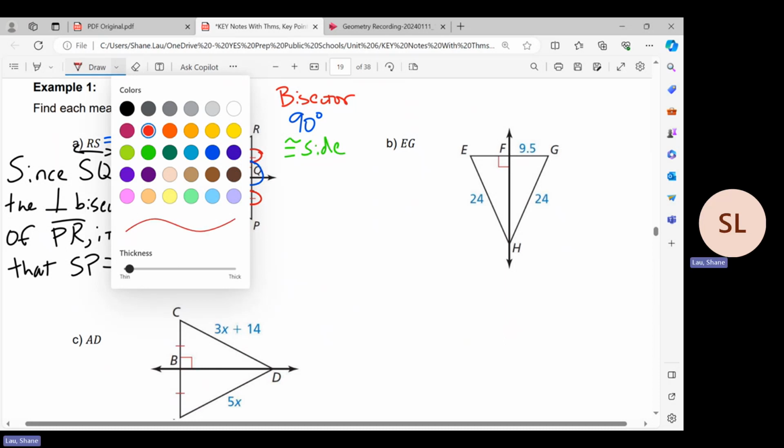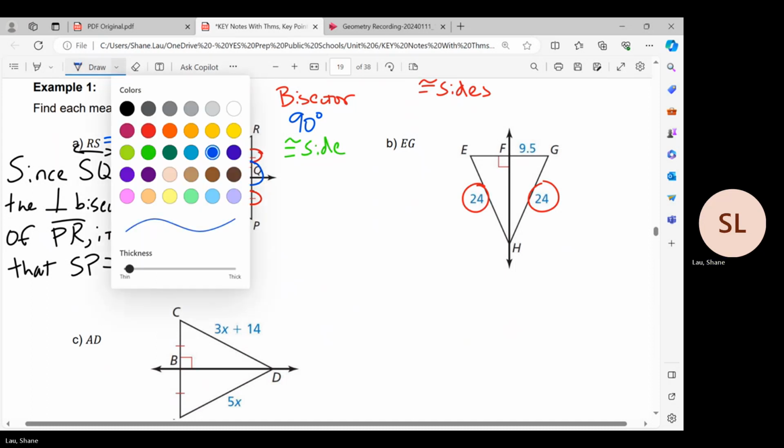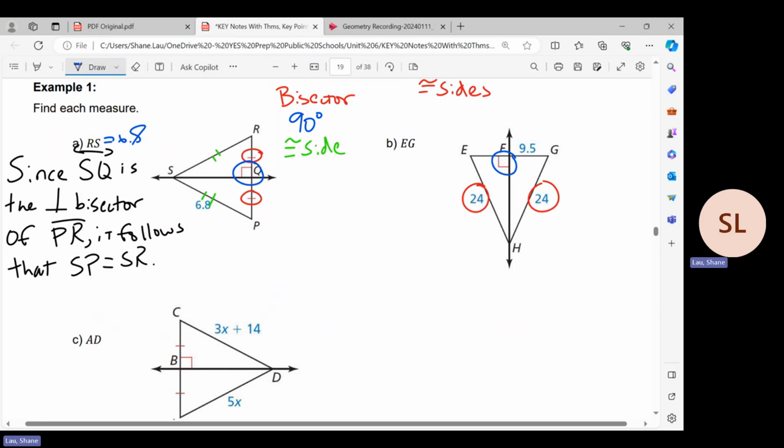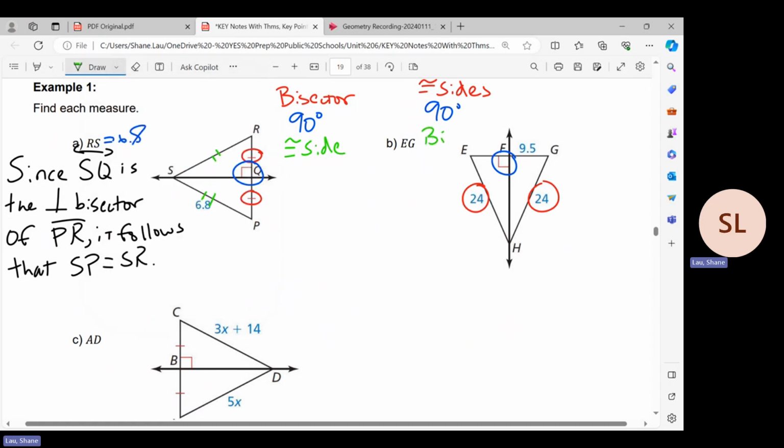If I come in here with a color, I see 24 and 24 immediately. That's what we have as our congruent sides. We also have our 90-degree angle. And then we're missing our bisector.